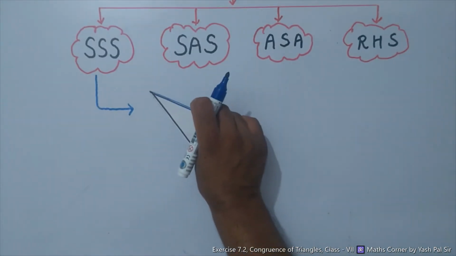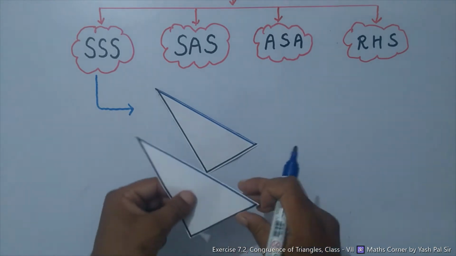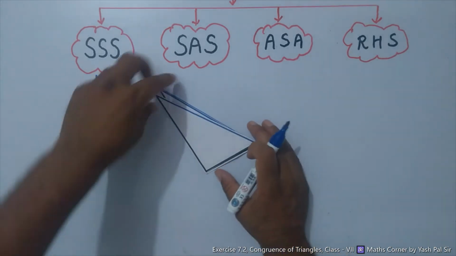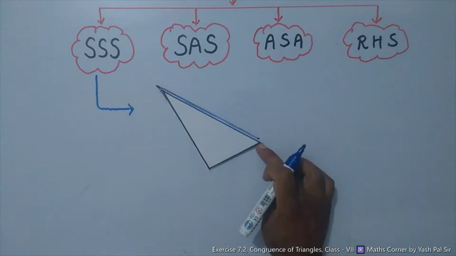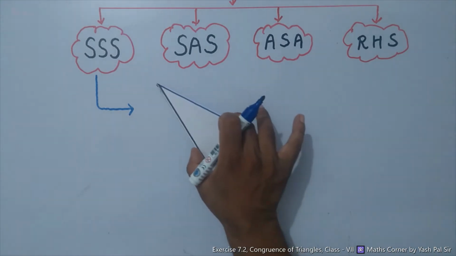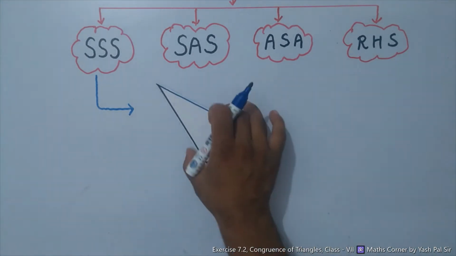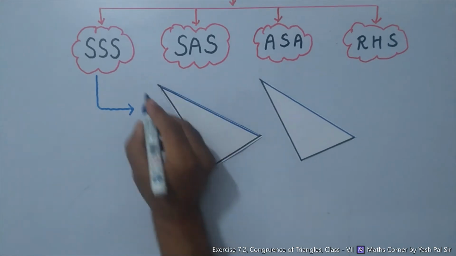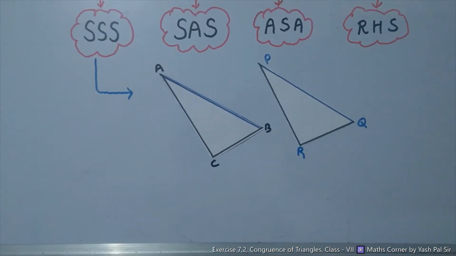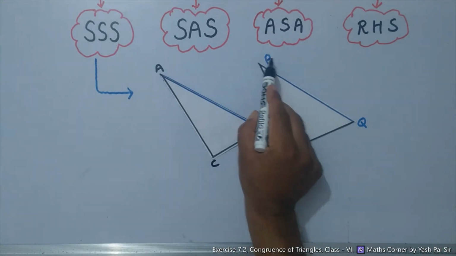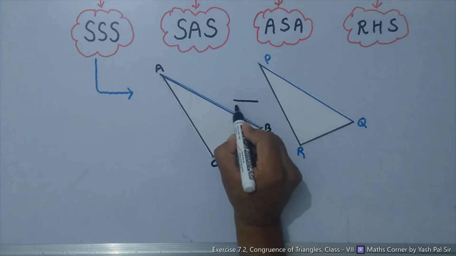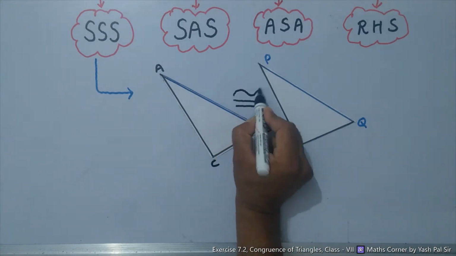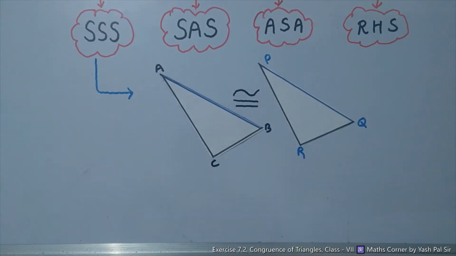Suppose we have two triangles. These two triangles are very much similar to each other. We can name them: the first triangle is ABC, the second triangle is PQR. Now these two triangles are congruent, so this is the symbol for congruence. What are the conditions?